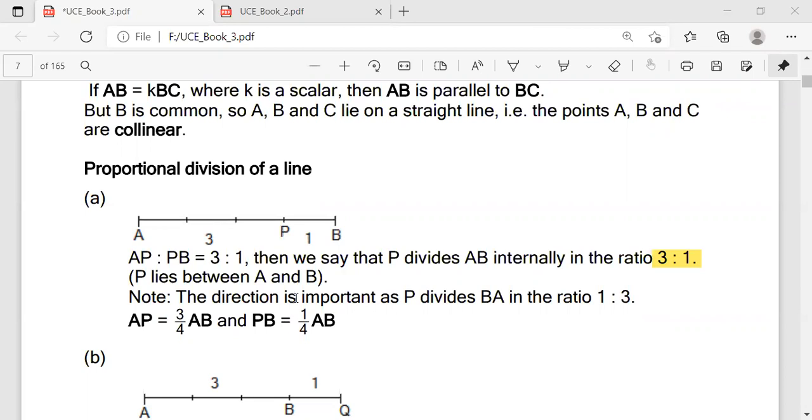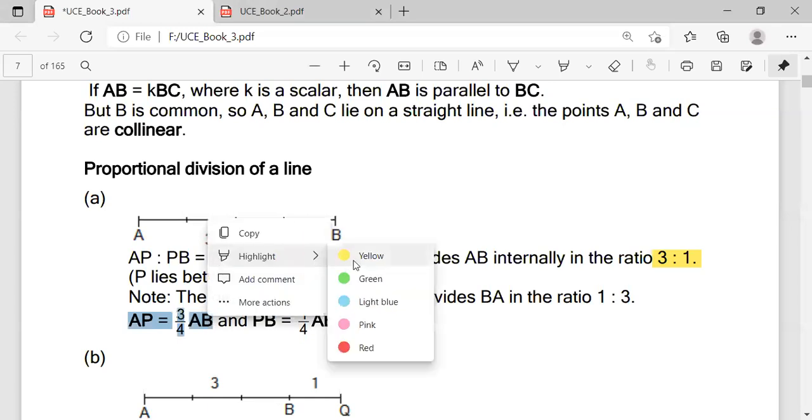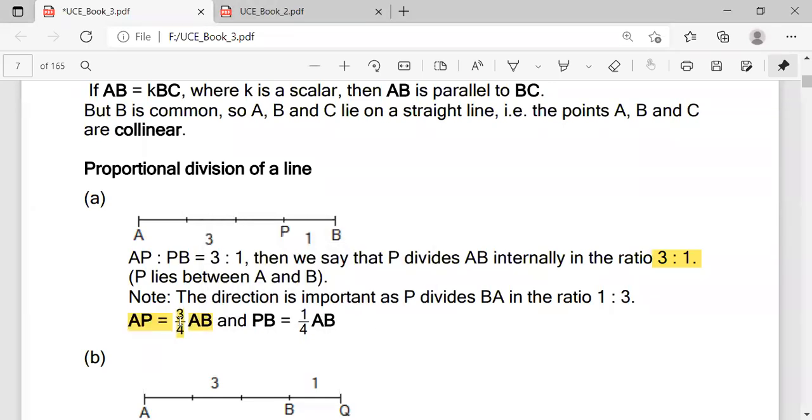So in other words, whenever you have vectors like this, and these vectors have a common point, which is A, and there is a scalar multiplying another vector, it means that these points A, P, and B are on a straight line.